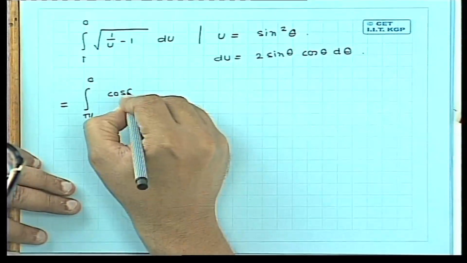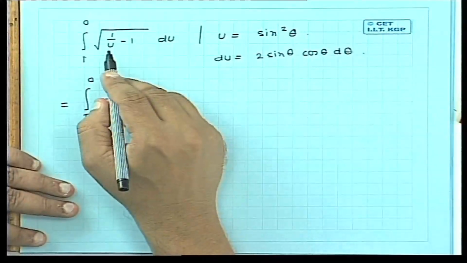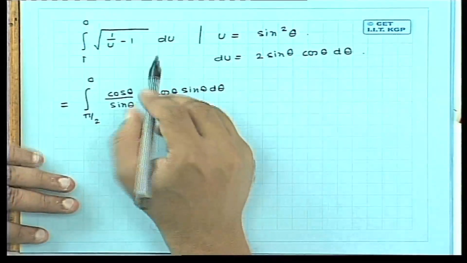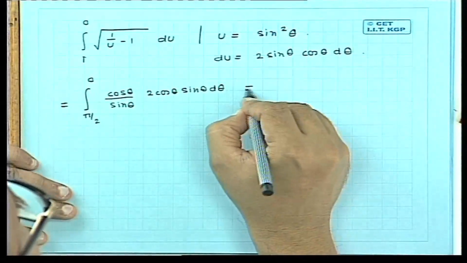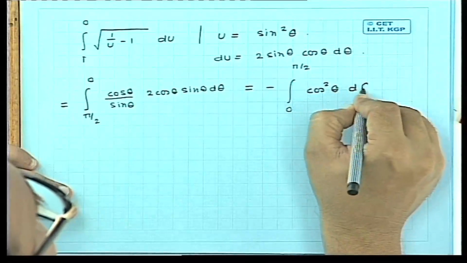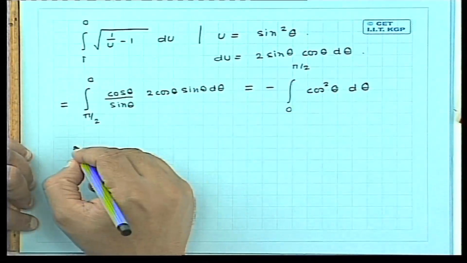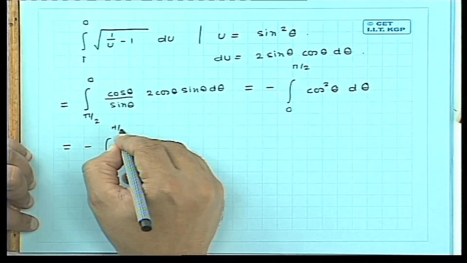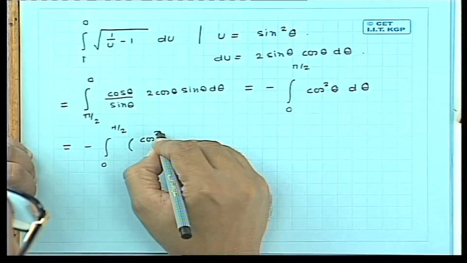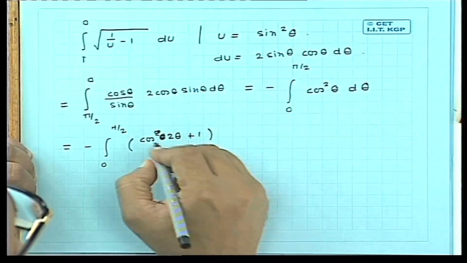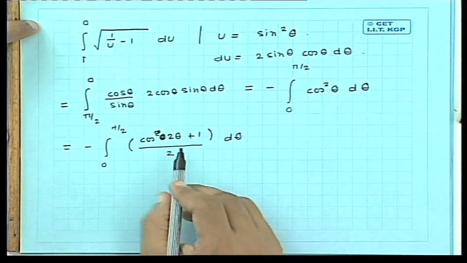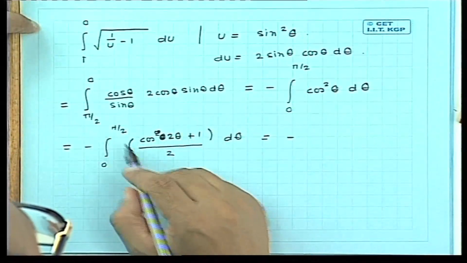So this becomes cos theta by sine theta, the numerator is sine theta, and I have 2 cos theta sine theta d theta, this is the du, and this gives me minus the integral from 0 to pi by 2 of cos square theta d theta, which we know is equal to minus the integral from 0 to pi by 2 of (cos 2 theta plus 1) by 2 d theta, and the first integral from 0 to pi by 2 gives us 0, the second integral gives us minus pi by 4.